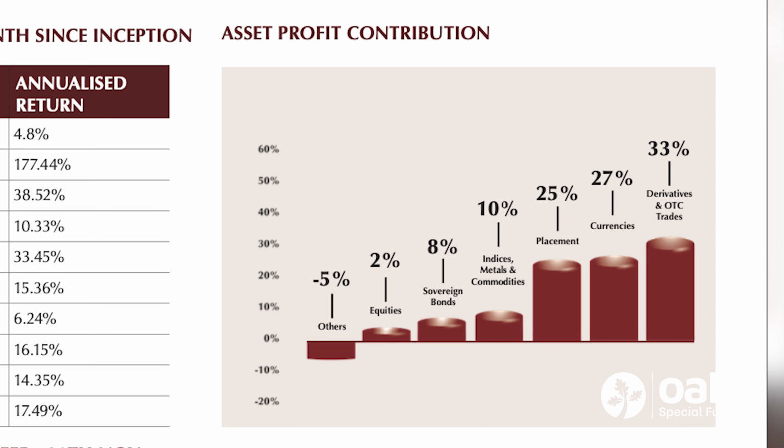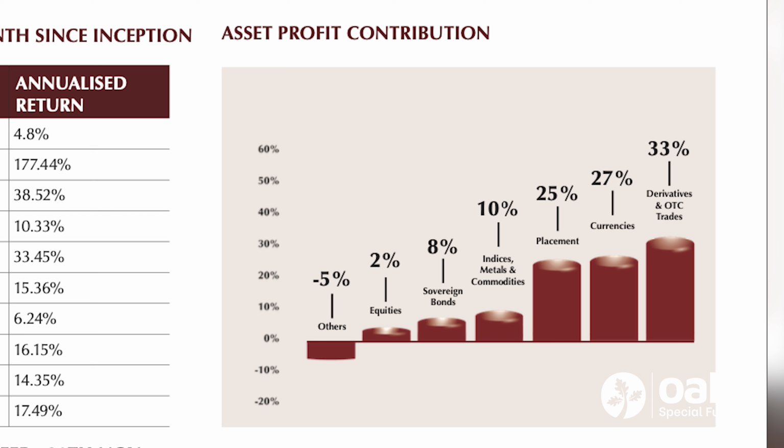Is that the return we've made, or the contribution to the total return of that asset class? This is the total contribution. That means, give or take, if the total profit that we've made for the whole period is, let's say, 30 million, then 10% in indices and metals means that 3 million was made in that section.